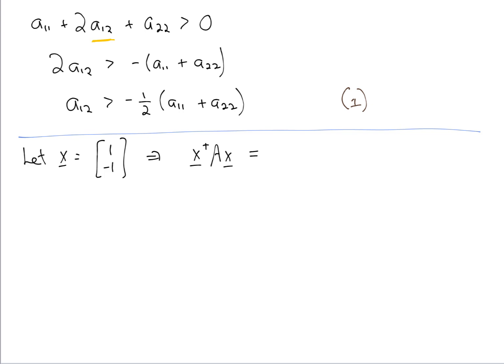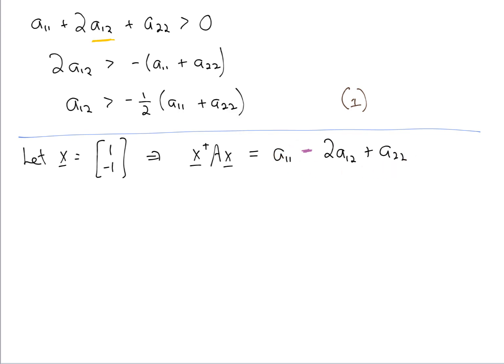What will happen is we'll get something very similar. We'll have A11, 2A12, and A22. But the difference is we have a minus sign here, as opposed to the plus sign that we got when we did x equals 1, 1.